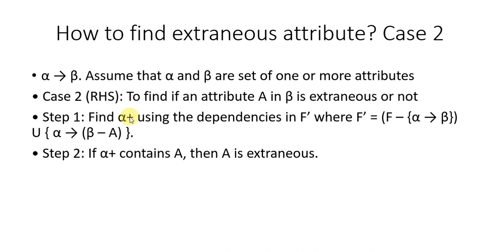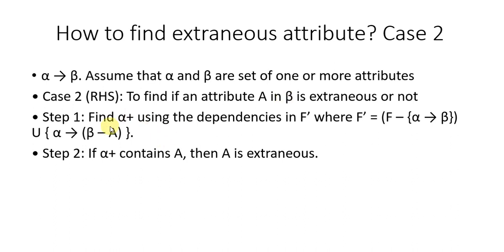We are finding alpha plus, and we are trying to remove A from this beta and check whether it makes any change. That's what we are checking. So we are again finding alpha plus using the dependencies in F dash. F dash here is again the same step: we remove this particular dependency and add a new dependency where A is removed from this beta.